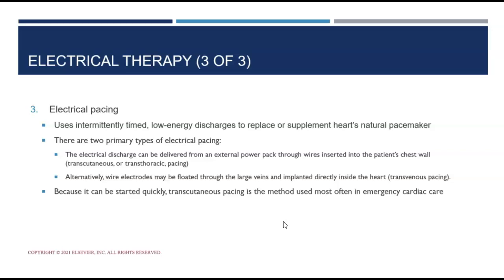It's going to use very, very low energy. And again, it's going to try to capture on those R waves on the rhythm. Transcutaneous pacing or external pacing is only used for a brief period of time, and then the patient's going to go to the cardiac cath lab to get an internal pacer placed.